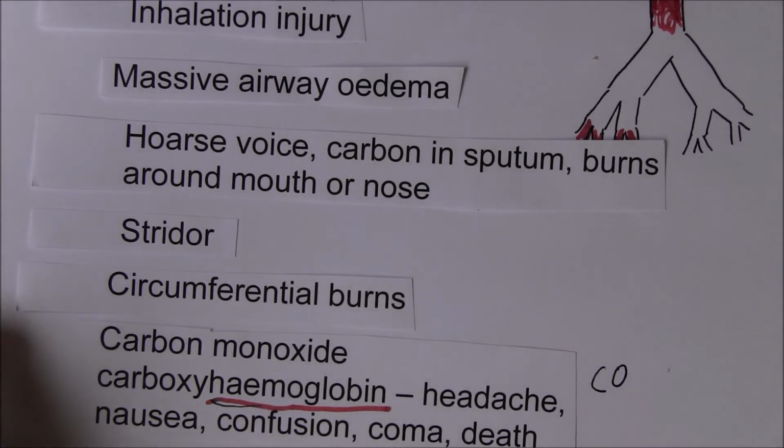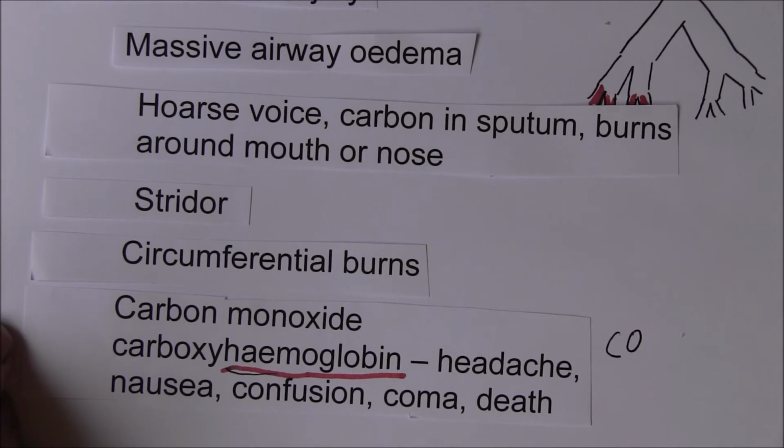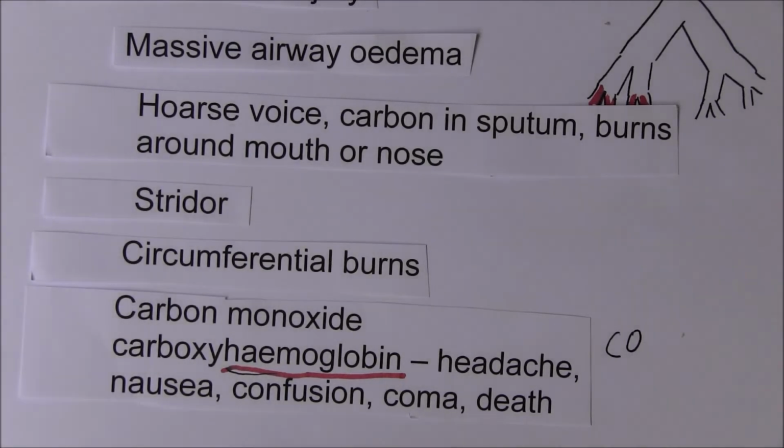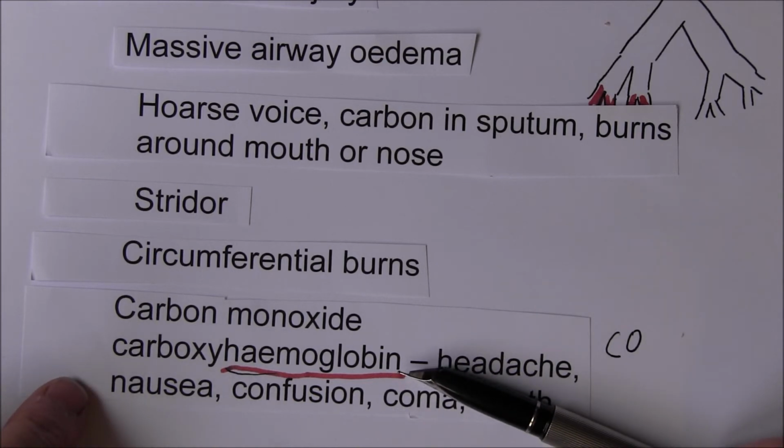And of course in hospitals all the time we put on our oxygen saturation probes, look at the patient's blood oxygenation levels, and in the case of carbon monoxide poisoning, these are completely useless. They don't work. So if someone has a lot of carboxyhemoglobin, they're unable to transport oxygen to their tissues.